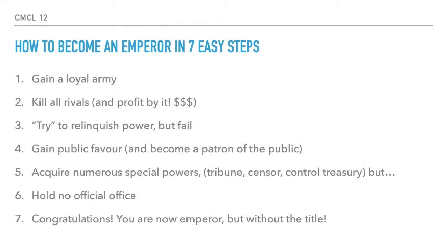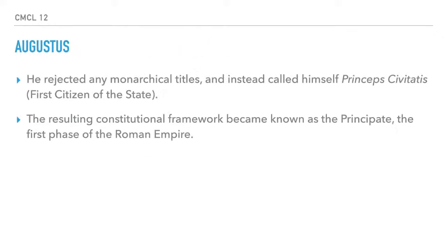And so in doing this, he managed to basically make himself the most powerful man in Rome, but not a king, not an emperor, a princeps, a first person, a first man in Roman society. So he was princeps civitatis, the first citizen of the state.